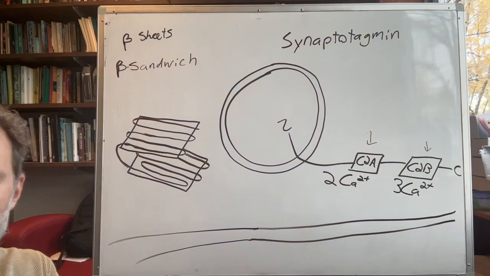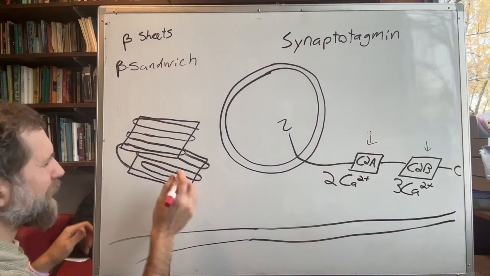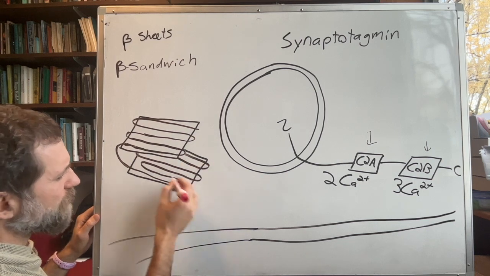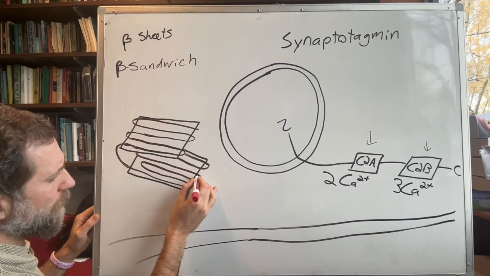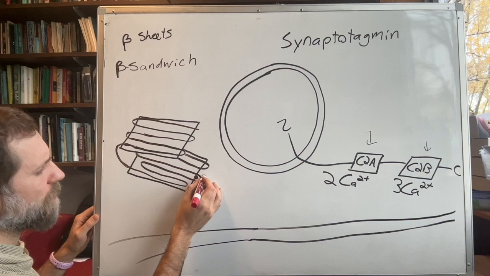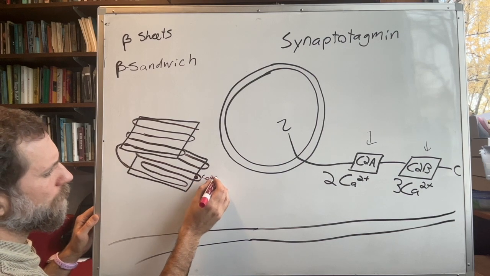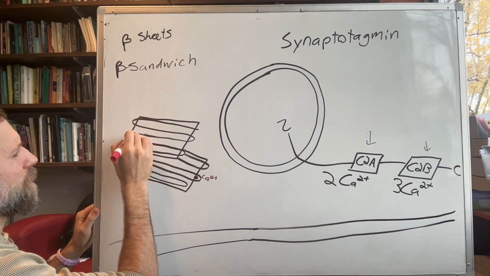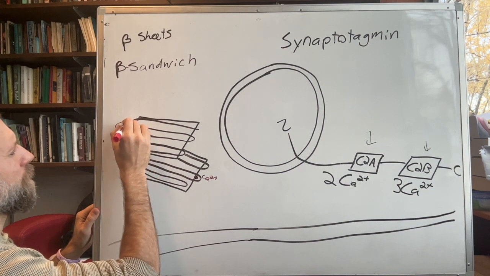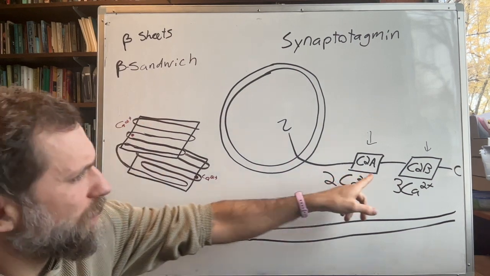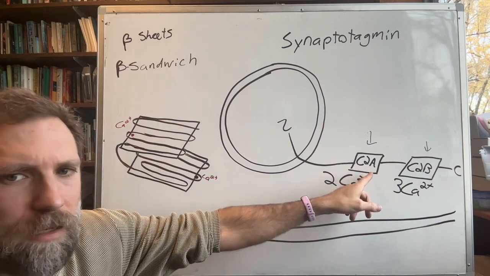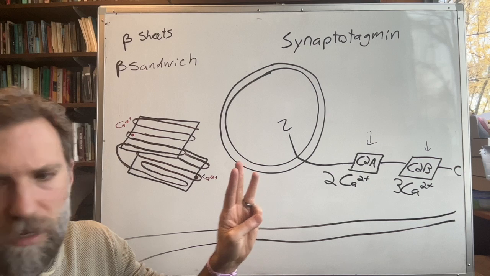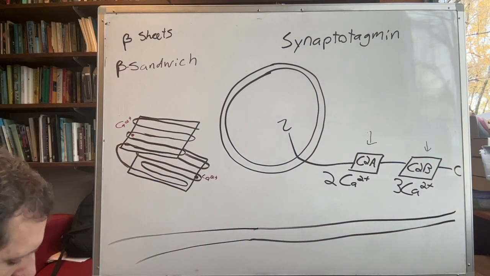And it's in these loops of the beta sheets of the beta sandwich that binds our calcium ions, right? And this beta sandwich binds 2 calcium ions, and this beta sandwich binds 3 calcium ions.